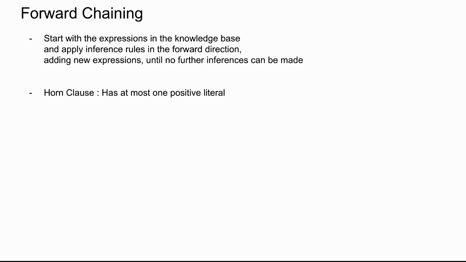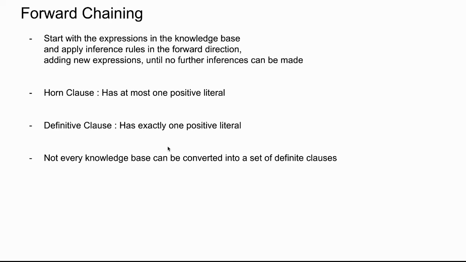Okay, in order to carry out this forward chaining process, generally the clauses or the sentences in first order logic are represented using what is called the Horn clause format or the definite clause format. But not every statement can be represented in this form, but still these are very, very useful. So what are these two formats? The Horn clause has at most one positive literal, meaning out of all the literals or the atomic sentences in the statement, everyone should have a negation except for at most one, which can be positive.